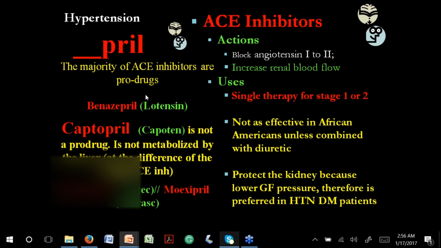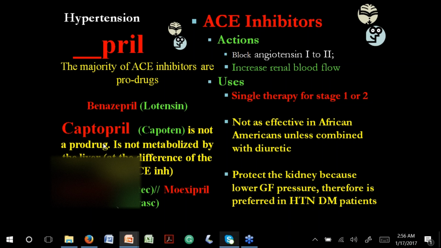Mostly all of them need to be metabolized by the liver. But one exemption, and that's what they like to ask, is captopril. Captopril is not a prodrug. Prodrug means that a drug needs to pass through the liver. The liver is a factory that metabolizes this drug and produces the active drug at the end.